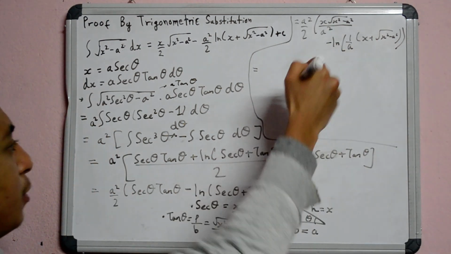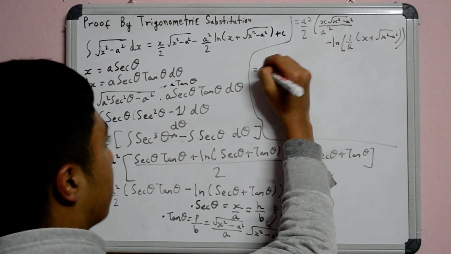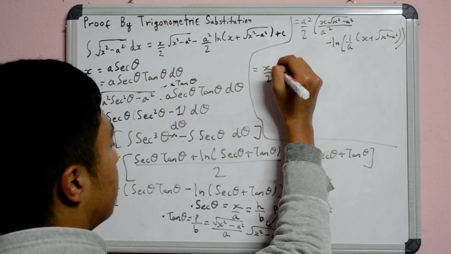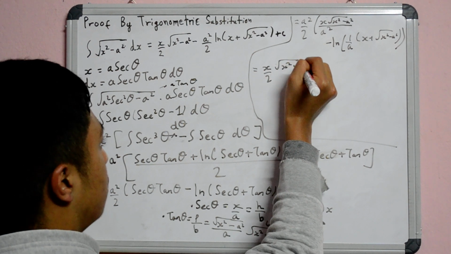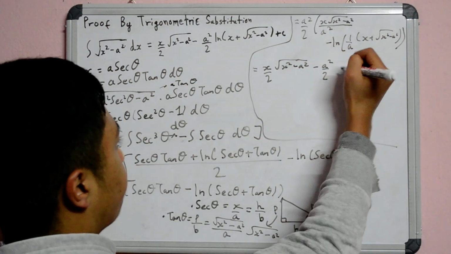Now distribute a square by 2, so a square and a square cancel. So x by 2 root x square minus a square, which is the first term, minus a square by 2.